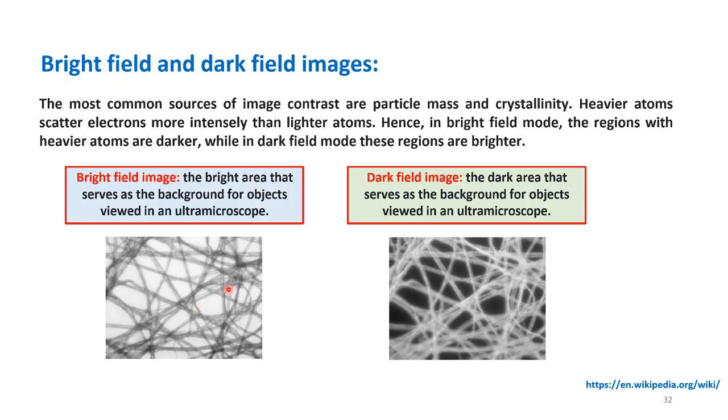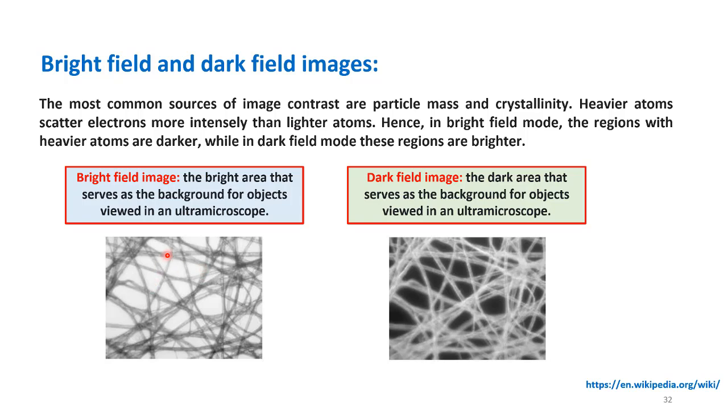As you can see here, this is a structure of some fibers. Because of the density of fibers, it is appearing dark, and the area other than the fiber has no material, so this space is appearing light. That is why we are getting the contrast.